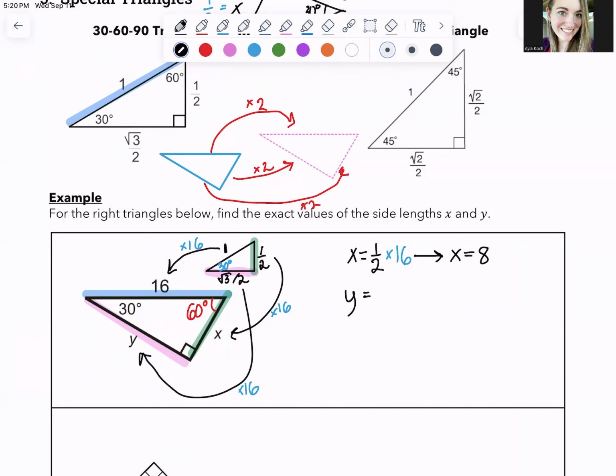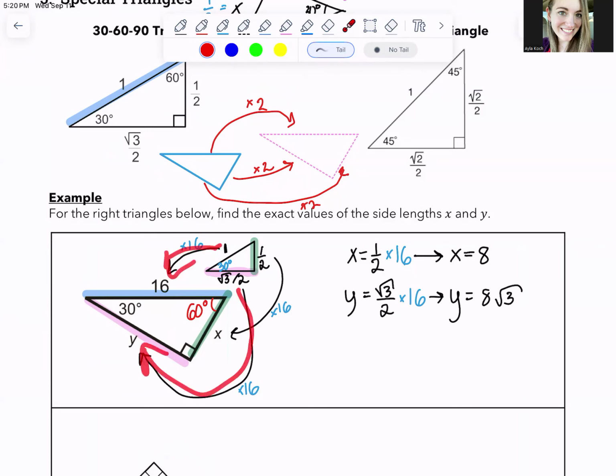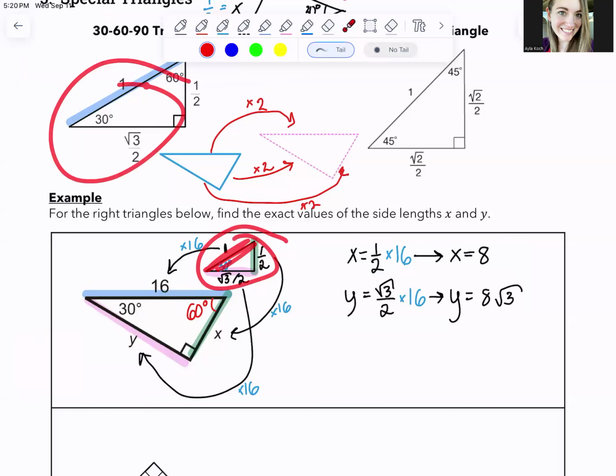So we take the square root of 3 divided by 2, multiply by 16, and we get that y is equal to 8 square root of 3. To scale upward, you're just multiplying each side by the same factor. And we know what the original factors are for a hypotenuse of 1 because we have a special triangle.